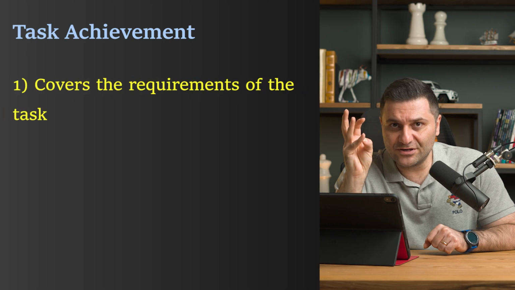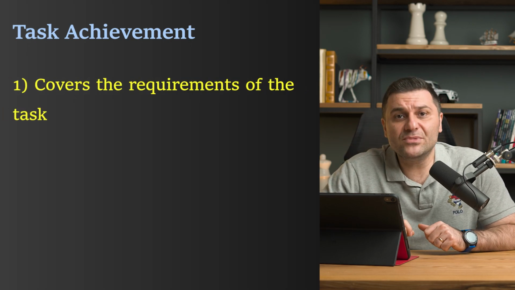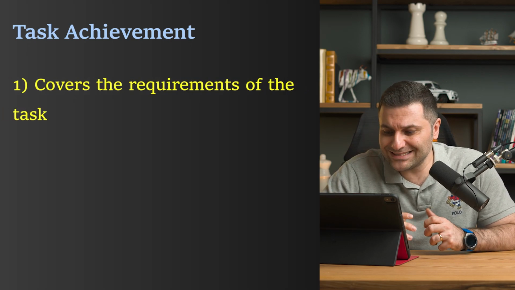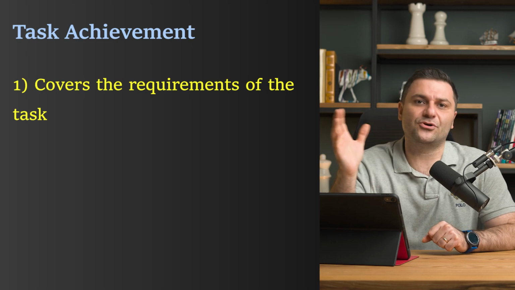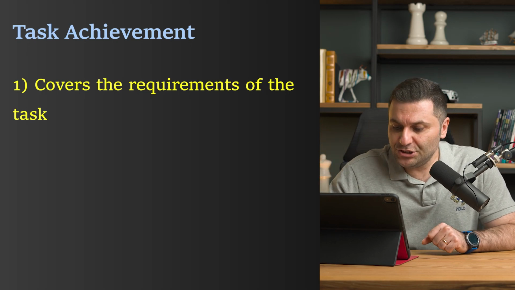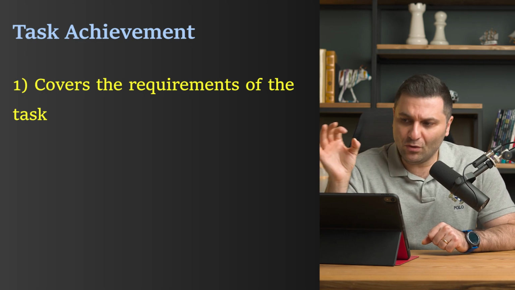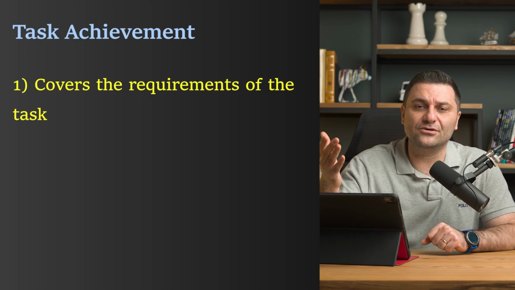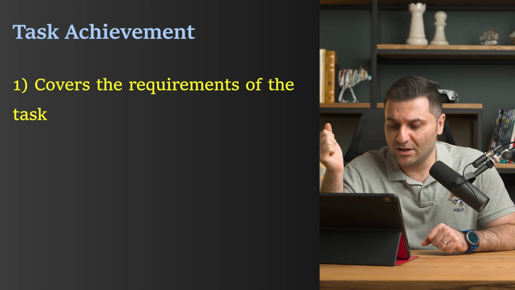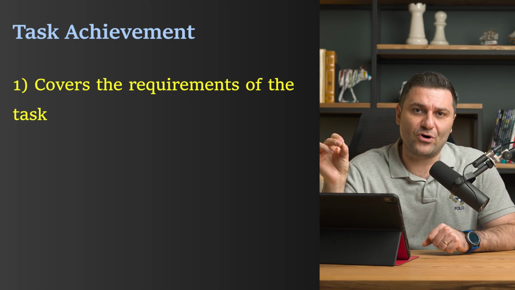So the first thing you should remember is that task achievement covers the requirements of the task. So what does it mean? It means that you fully answer the question, all right? You do not answer a different question. All the things you say, all the data you provide in your writing, are related to the question.